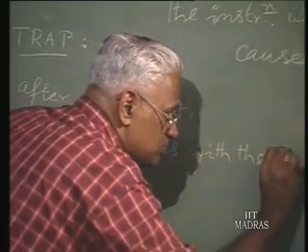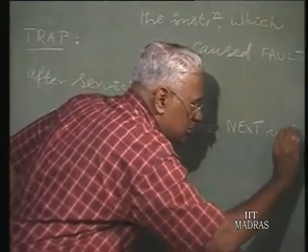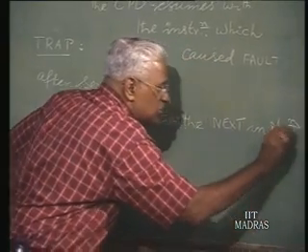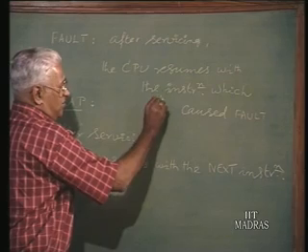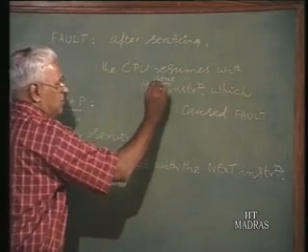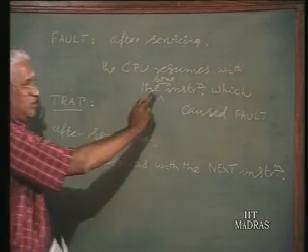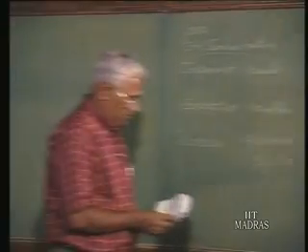So, this is important. Here, with a fault, it is the same instruction which caused the fault. Here, with a trap, it is the next instruction. So, you can see there are some minor differences.